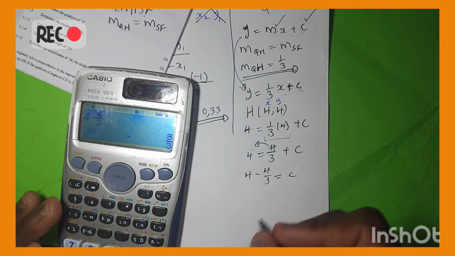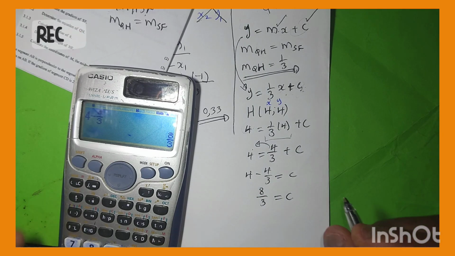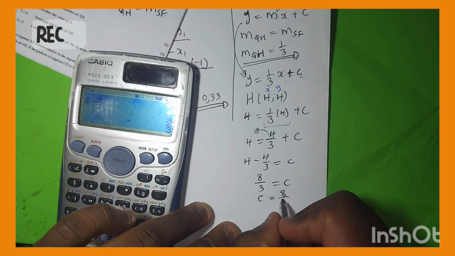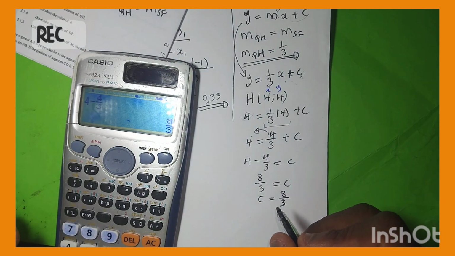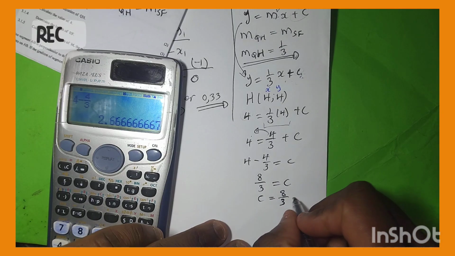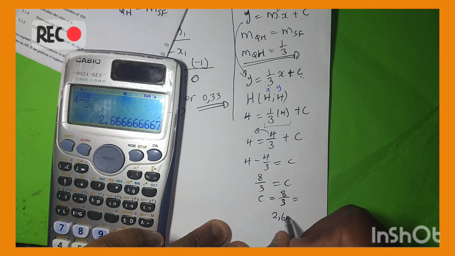This is what I will get: 8/3 as my C. So the value for C is 8/3. If you press SD on the calculator, that 8/3 is the same as 2.67.